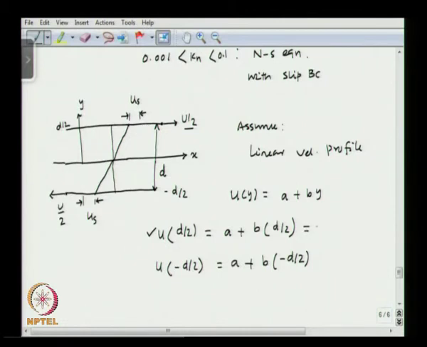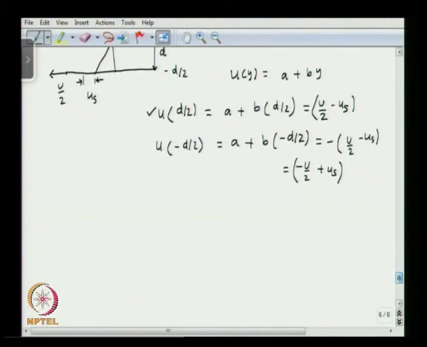So, this is u by 2 minus us, and for the bottom plate the fluid is moving at u by 2 in the negative x direction, and the fluid is moving at a lesser velocity us. So, this is going to be minus, because it is going in negative x direction, u by 2 minus us. Okay. So, this is minus u by 2 plus us. Okay.